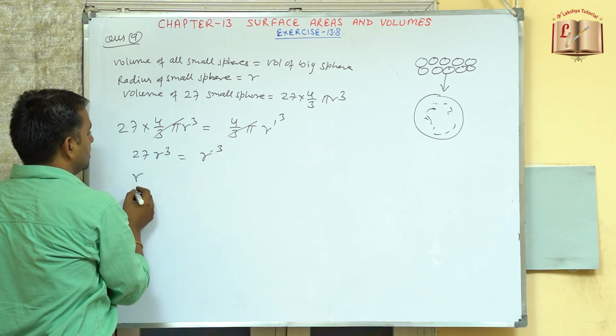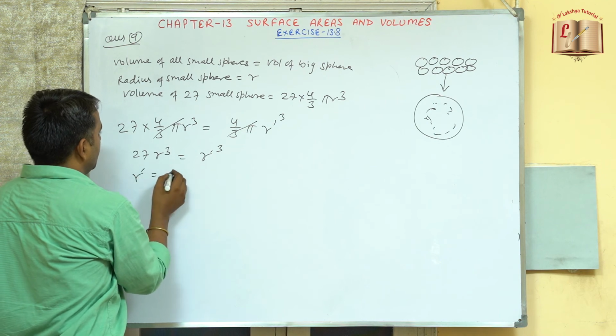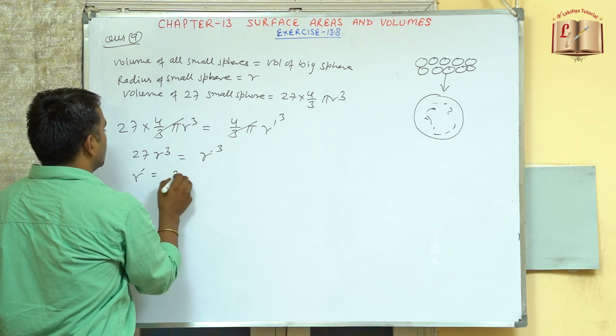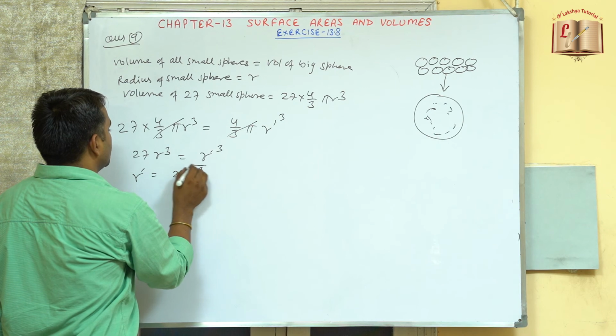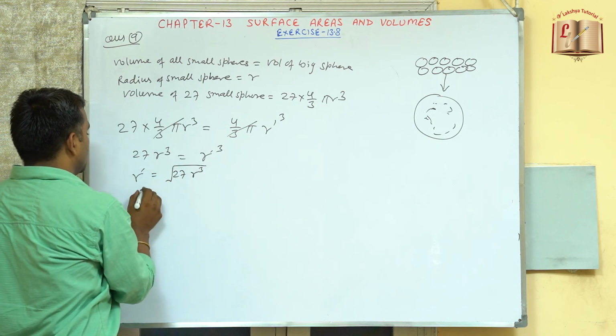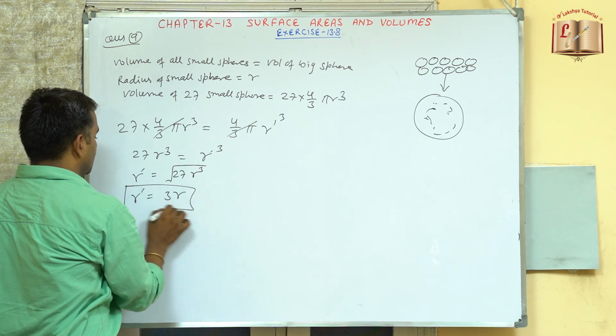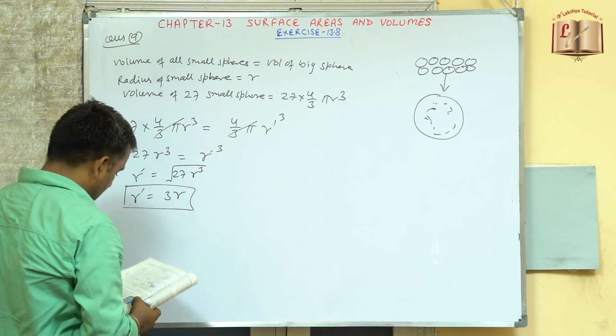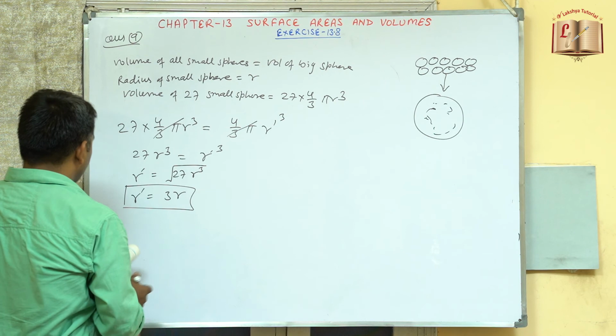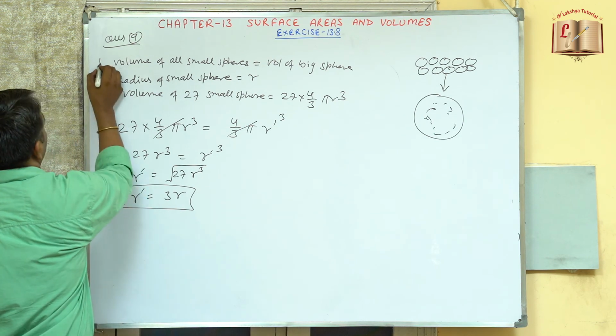So r dash will be equal to the cube root of 27 r cube, so r dash is 3 times r. So this first one is proved now.